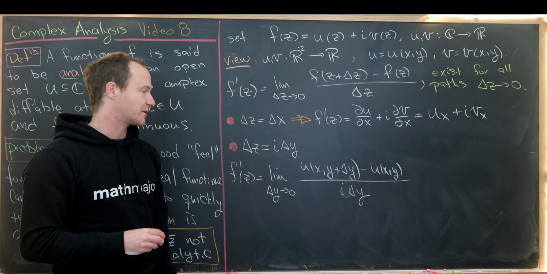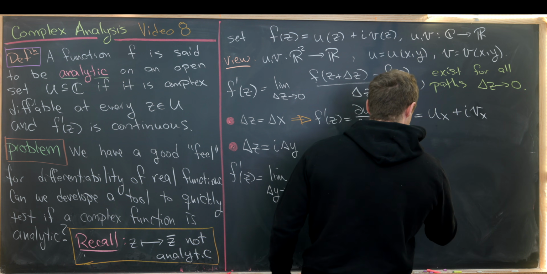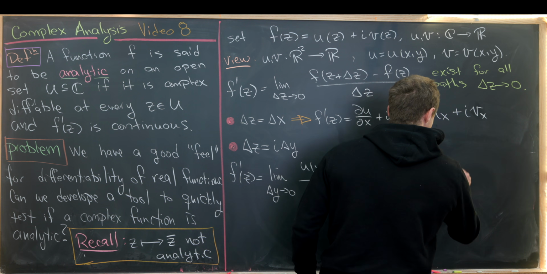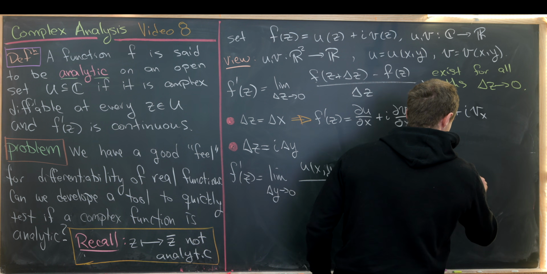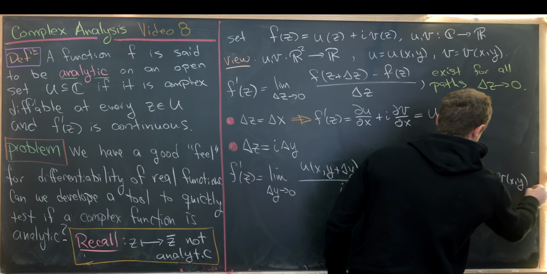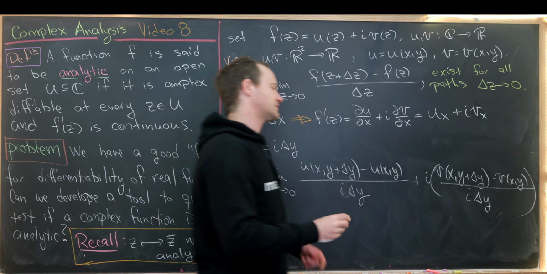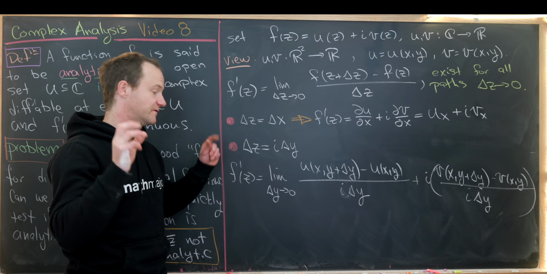So that's what we'll get from combining the u parts. And then likewise, we'll have i times v of x and then y plus delta y minus v of xy. And then this is all over i times delta y. That's what we'll have from combining all of the v parts.